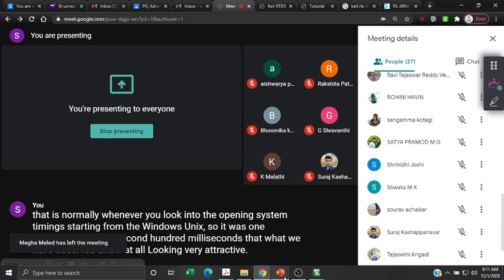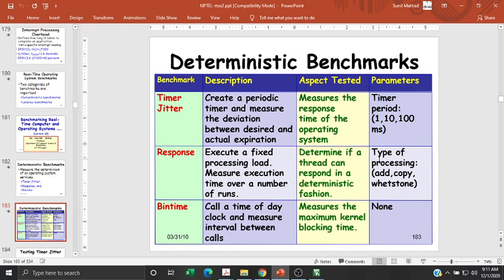So if the jitter itself is becoming large, then you may not promise real-time operating system behavior for that particular OS. Then response: execute a fixed processing load and measure execution time over a number of runs. Most often you determine if a thread can respond in a deterministic fashion.